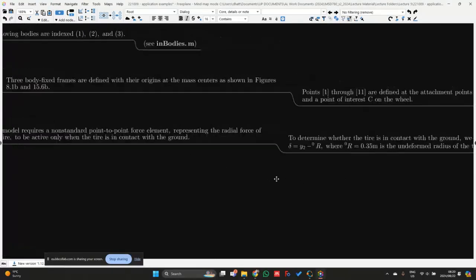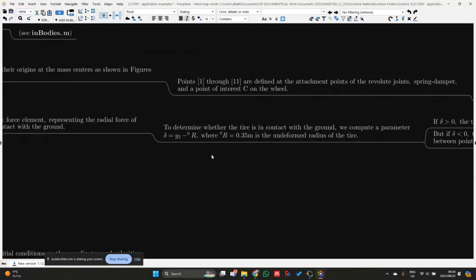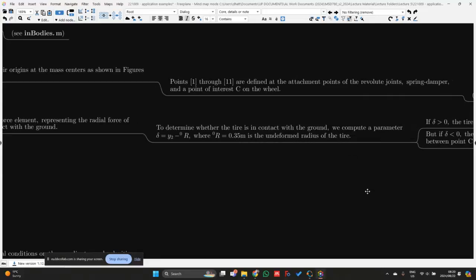So to determine whether the tire is in contact with the ground, we can compute a parameter delta, which is basically the deformation of the tire, which is equal to y2, so the y coordinate of body 2, minus r0. And this r0 is simply 0.35, or the undeformed radius of the tire.